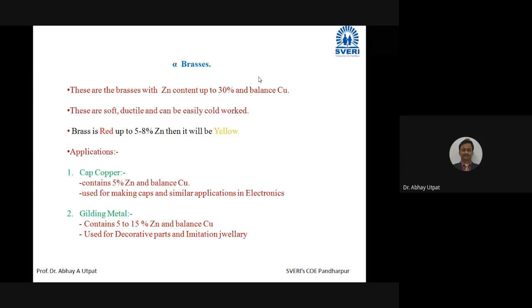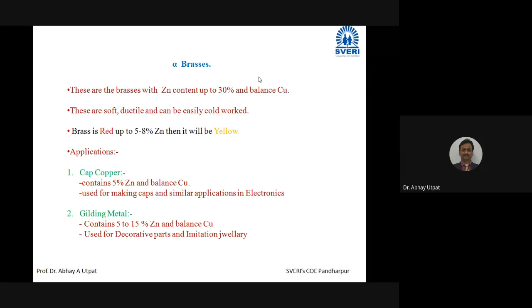So in this way, you may see in the market the names red brass and yellow brass. It may be asked in the interview: what is red brass, what is yellow brass. So red brass means a brass in which zinc content is less than 8% or 5%.